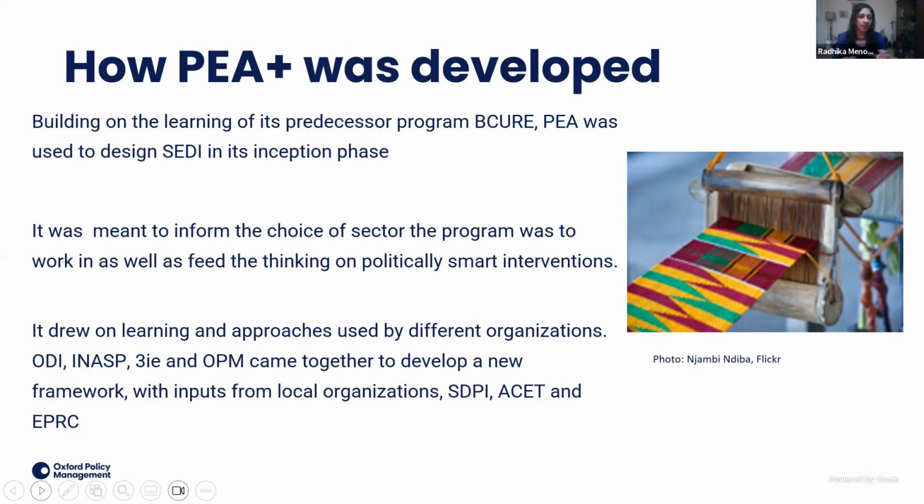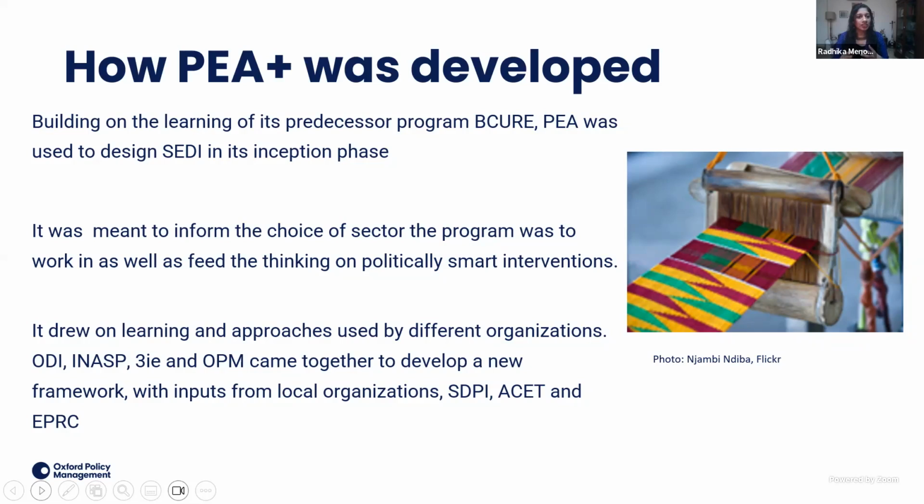So this framework was developed to identify, what are those entry points? Where are the political spaces for change? And specifically for SEDI, we were given a few sectors: gender, family planning, humanitarian assistance in Uganda, economic development, vocational education, child labor in Pakistan. So we had to choose which sector we would work on based on political economy analysis.